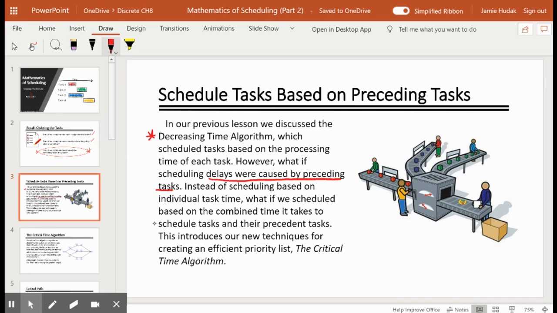What if we did our scheduling, instead of on individual task time, based on combined task times? The idea behind this is there's a chain reaction if preceding tasks aren't done to get the tasks that have the longest processing time to the workers as soon as possible. Then when we do get to that task that has a lot of time, it's going to delay the project finishing time.